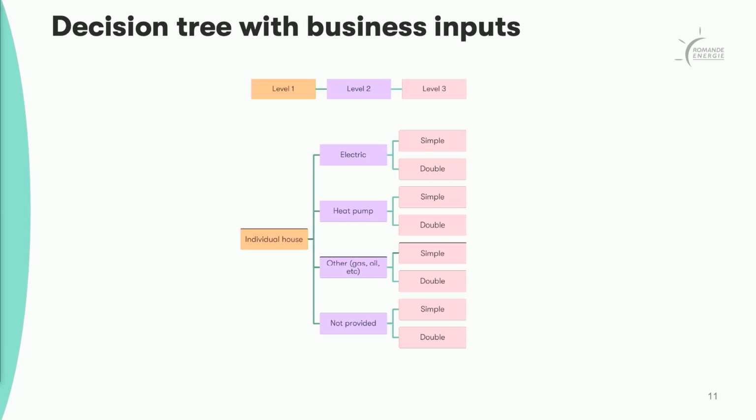Each one of these nodes is a different cluster, and in theory, the synthetic load curve should be significantly different from one cluster to the other. For example, an individual house with electric heating or with gas heating, the electricity consumption won't look the same at all.